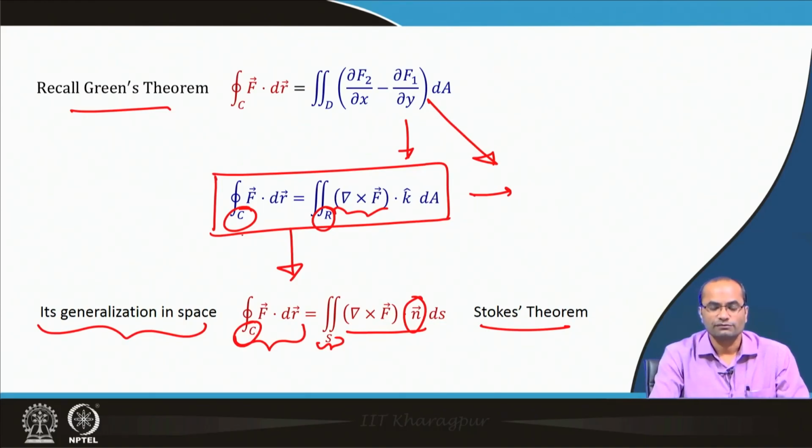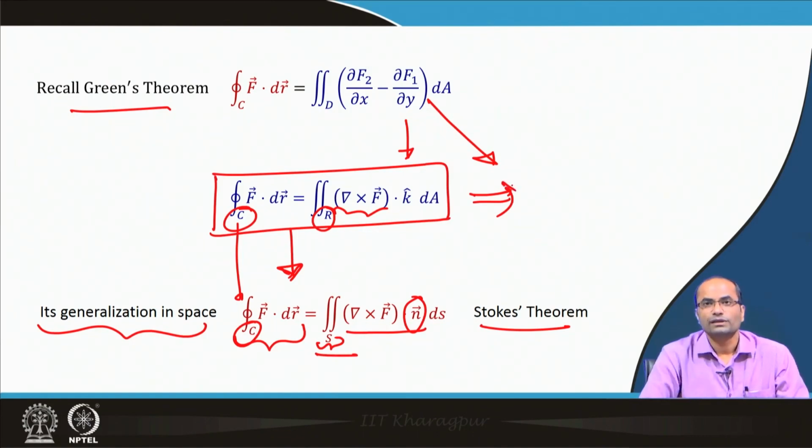The extension will again be to 3 dimensions, but of a different type, because here the curve was again a curve in 3D, and the area which was in 2D became a surface.